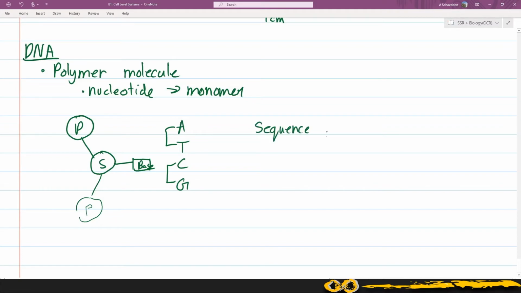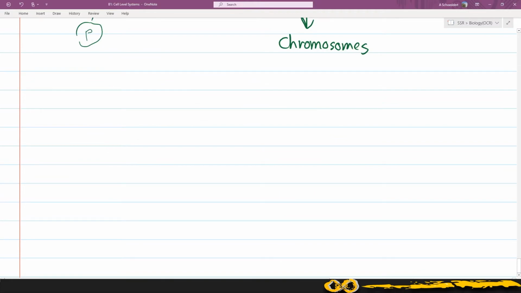So the sequence would be the smallest level, and then the sequence of bases will be grouped together in genes, which code for a protein, and then a group of genes and other non-coding regions will be grouped together on a chromosome, and that's what you have in your cells. So what exactly do these genes and other things code for?